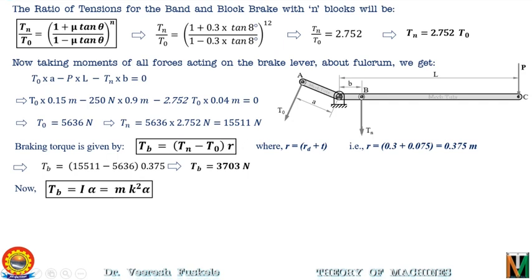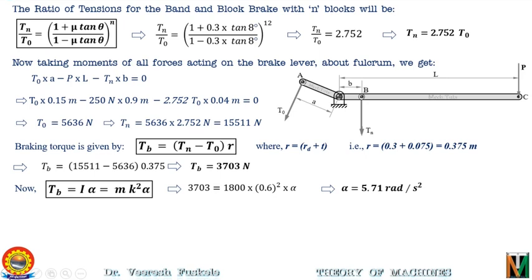Substituting the values of Tb, m and k, we have 3703 will be equal to 1800 into 0.6 square into alpha. This will give us alpha as equal to 5.71 radian per second square. So the angular retardation of the drum will be 5.71 radian per second square.